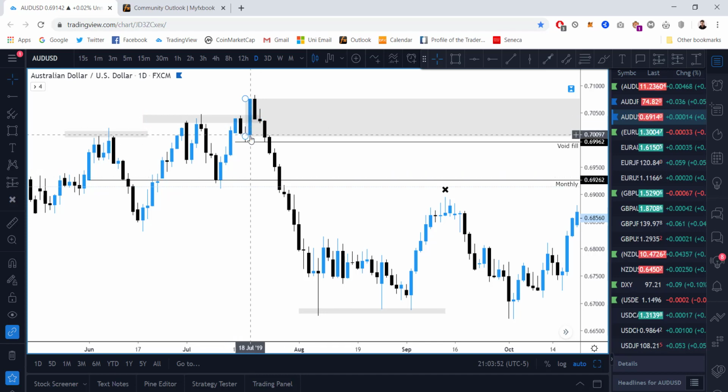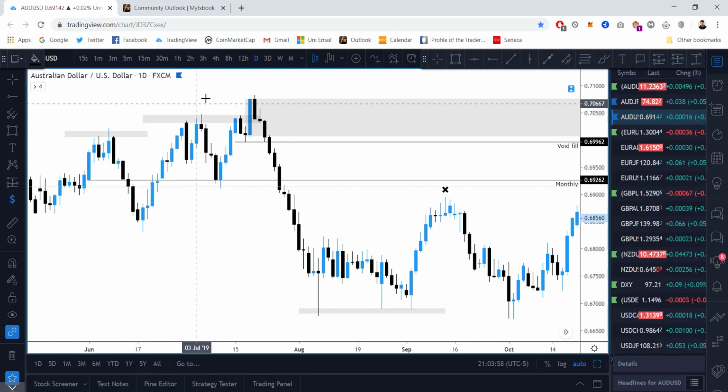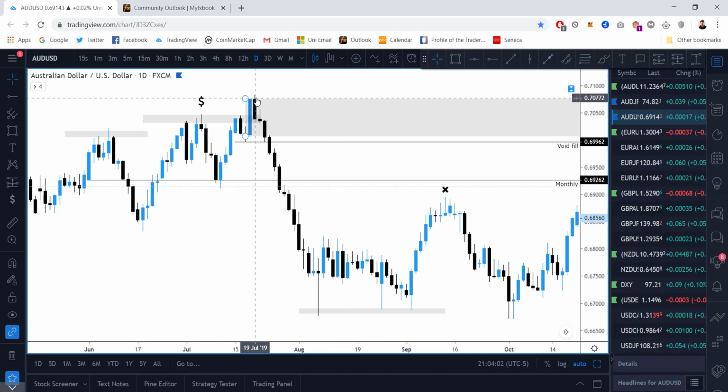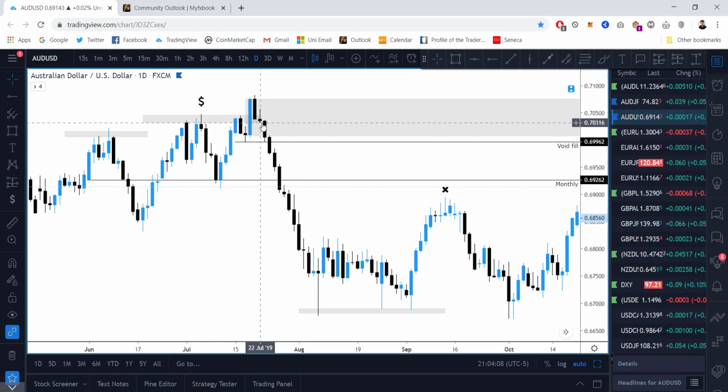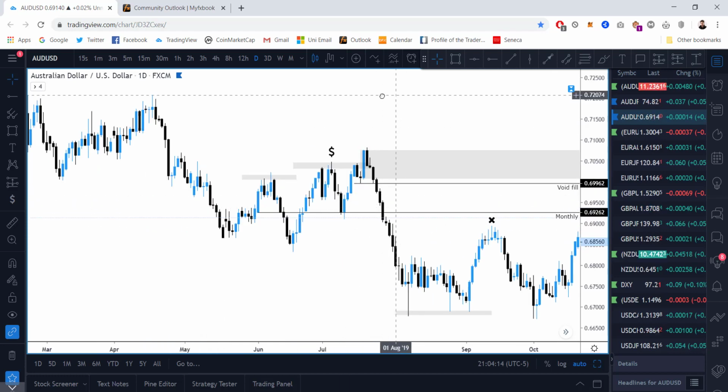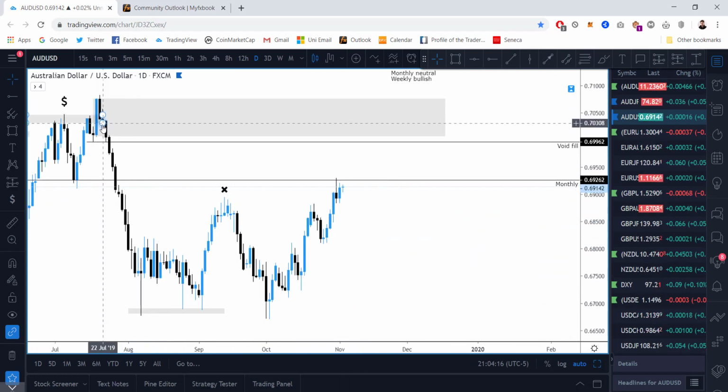No matter what, it went and triggered all of that and took out money. It grabbed money above these highs before actually dumping, and that dump was extremely strong. Look at that, bro. We had so many bearish days in a row, not even one single bullish candle. We broke this low here, we broke this low here.